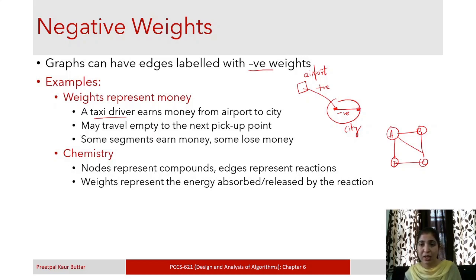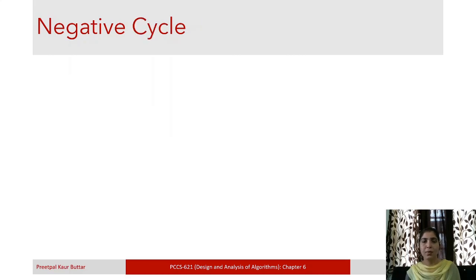When there is a chemical reaction between A and B, if the energy is released, then we say it has a positive weight. And when there is a chemical reaction between A and C, assume that energy is absorbed, then in that case it will have a negative weight. So this is the concept of negative weight edges in graphs.